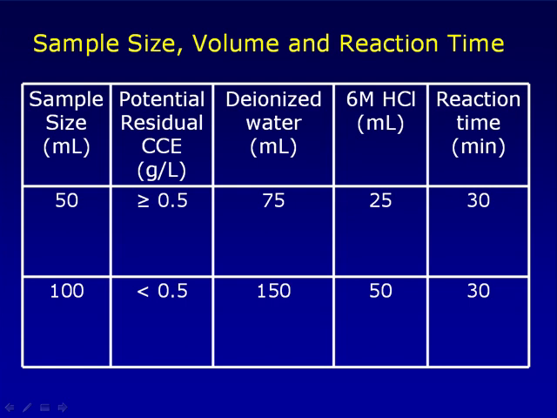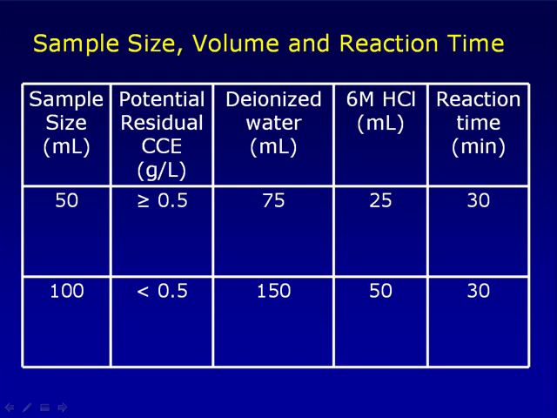So here's some details about the two different sample sizes we'd suggest, 50 or 100 milliliter samples. If the expected residual calcium carbonate is more than 0.5 grams per liter, which is equivalent to 0.5 kilograms per cubic meter, or almost 1 pound per cubic yard, then use that 50 milliliter sample.